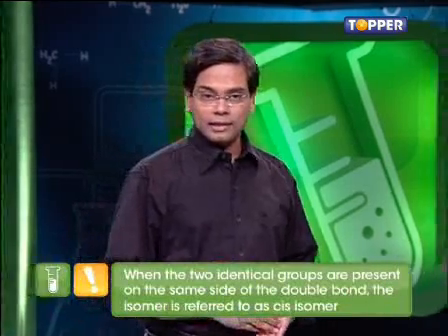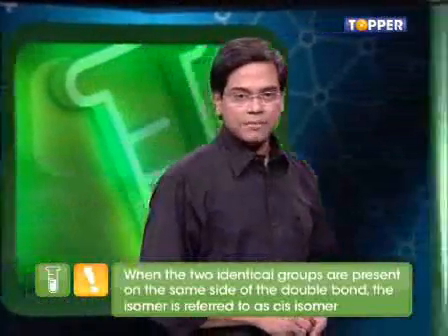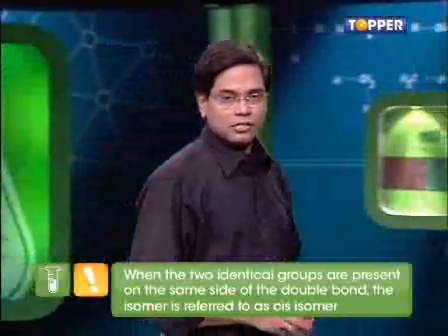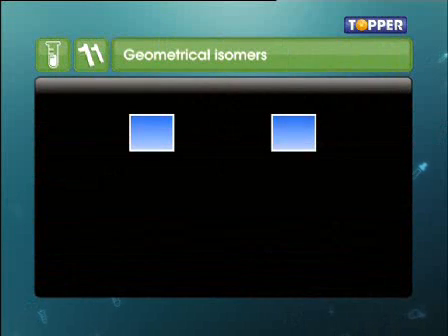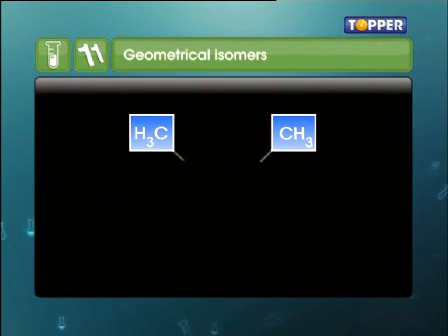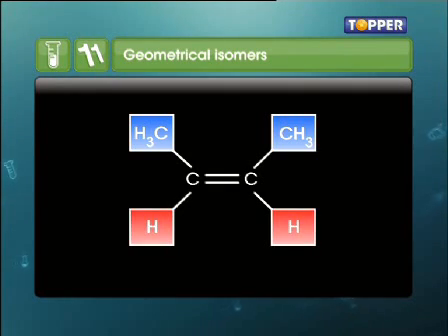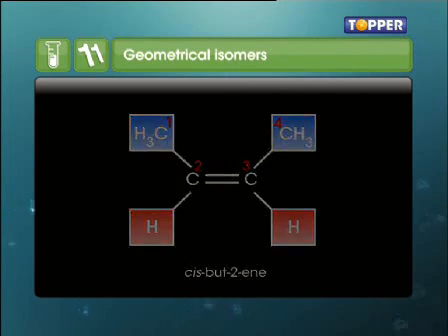When the two identical groups are present on the same side of the double bond, the isomer is referred to as a cis isomer. In but-2-ene, the structure in which the two methyl groups are on the same side of the double bond is named as cis-but-2-ene. But what if the two methyl groups are present on the opposite sides of the double bond?